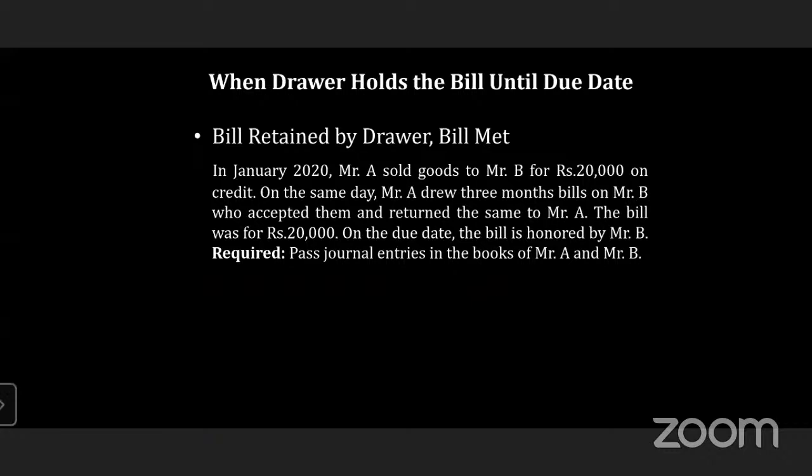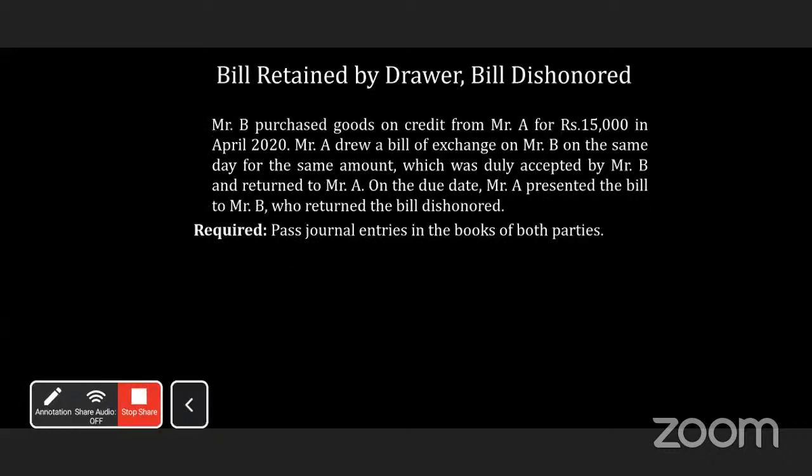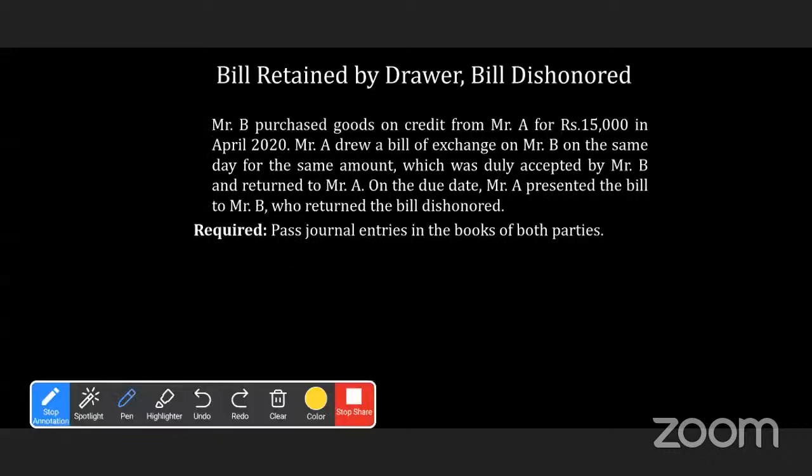Now in this case we shall see bill retained by the drawer and the bill is dishonored. When the drawee fails to pay the amount on the due date, the bill gets dishonored. In the last theory class I explained what dishonoring of the bill is.